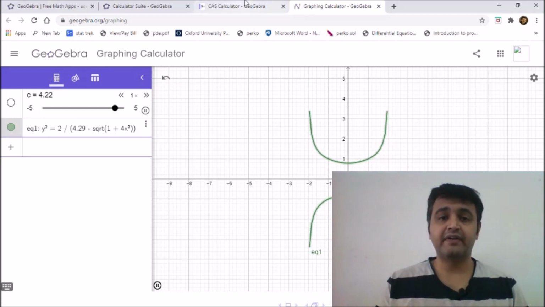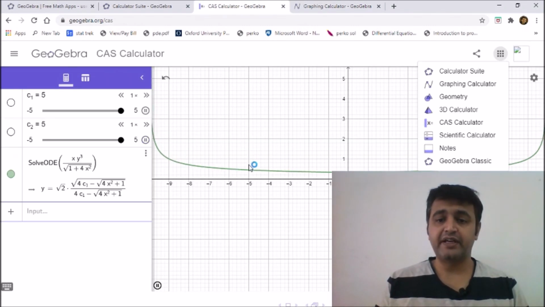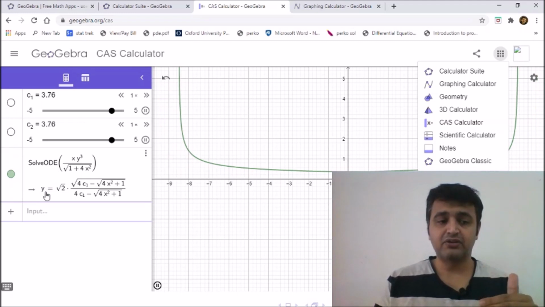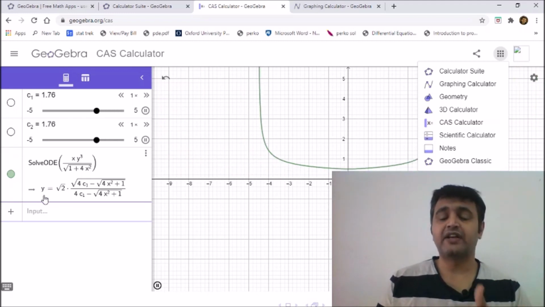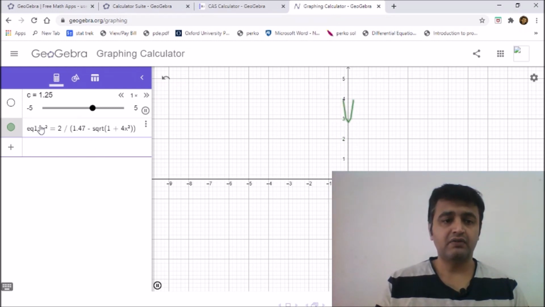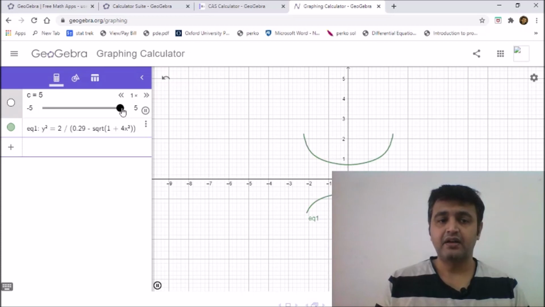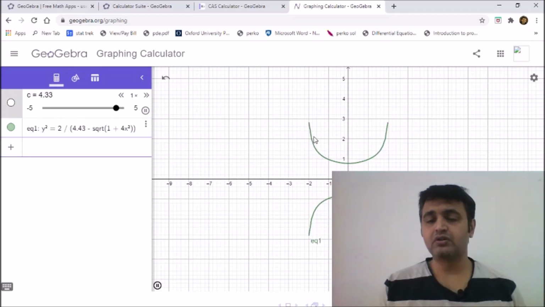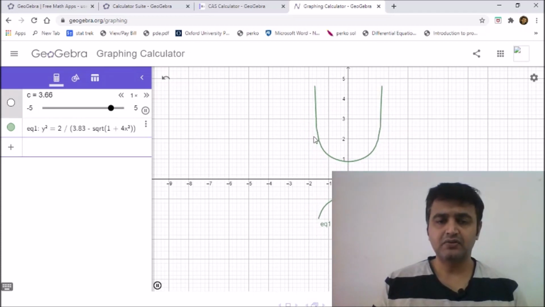Whereas in the CAS calculator, we were getting only the upper half because it was treating the solution as a function, so it cannot give us two outputs. But since we wanted the actual curve, we plotted that equation here itself, and we can see the curves in both planes. So it has some drawbacks, but it's good to visualize and it's free.